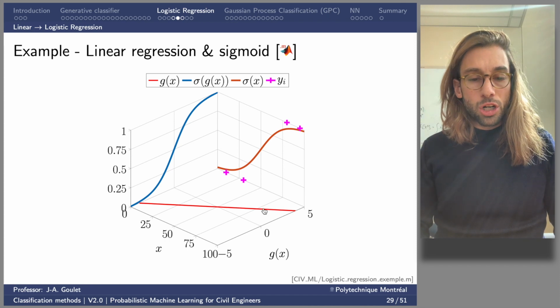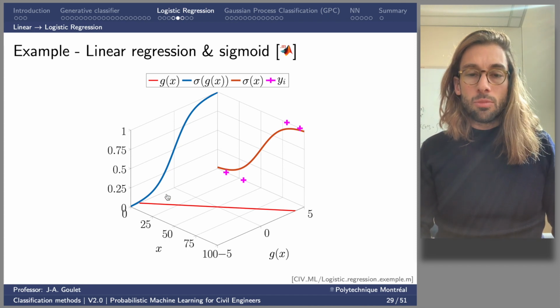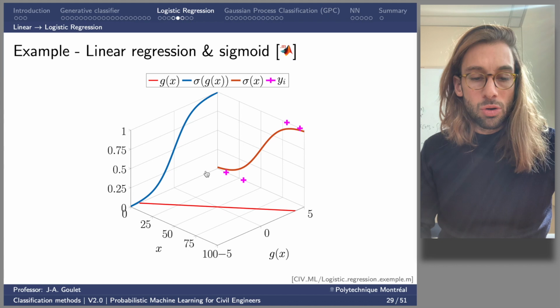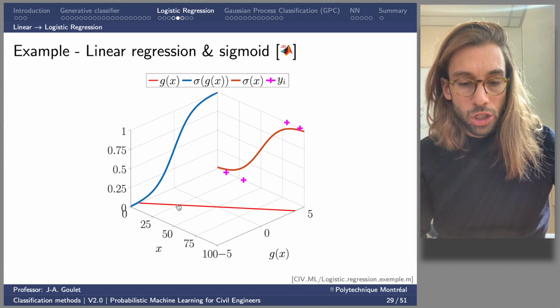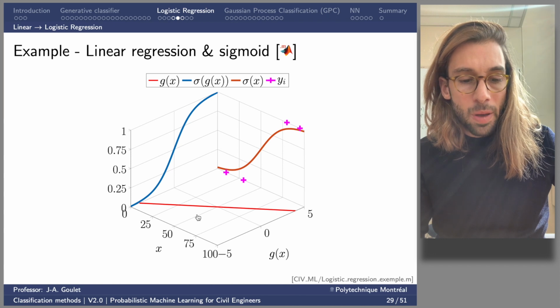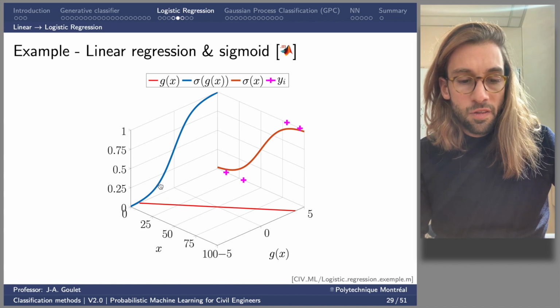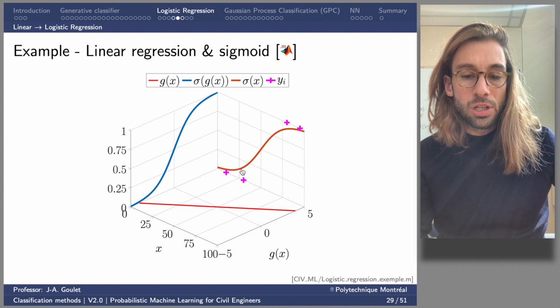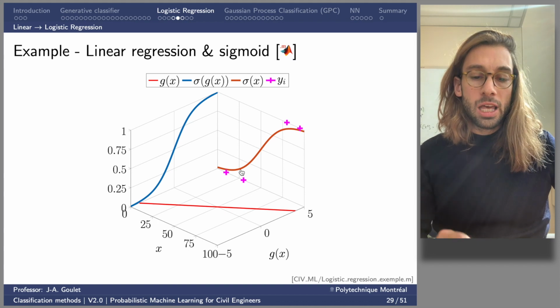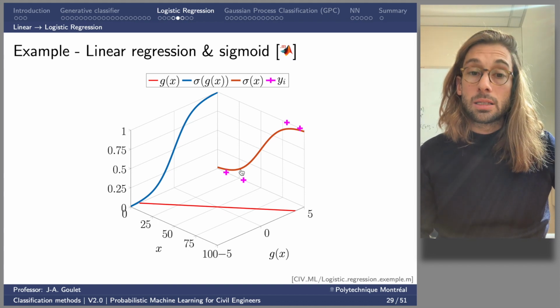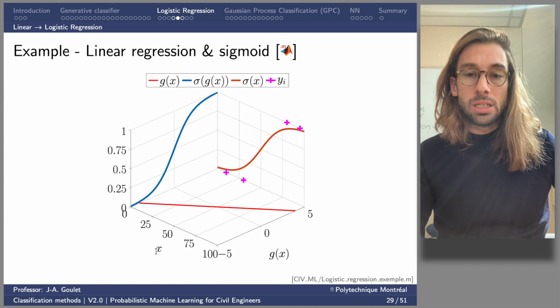We're going to pass it through the sigmoid. What do I mean by pass it through? For a given x equal 25, I read what the g is, and for a given g, I pass it through my sigmoid function. If I follow the graph, this is going to be the height. This represents the probability of the class y equal +1 given my covariate value x. Okay, this is how we do these 3 steps.